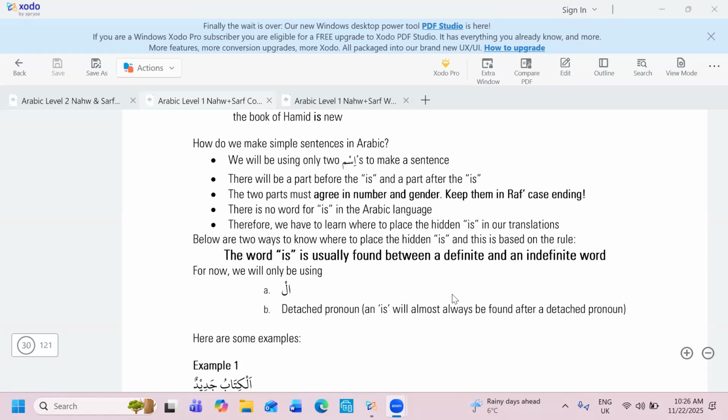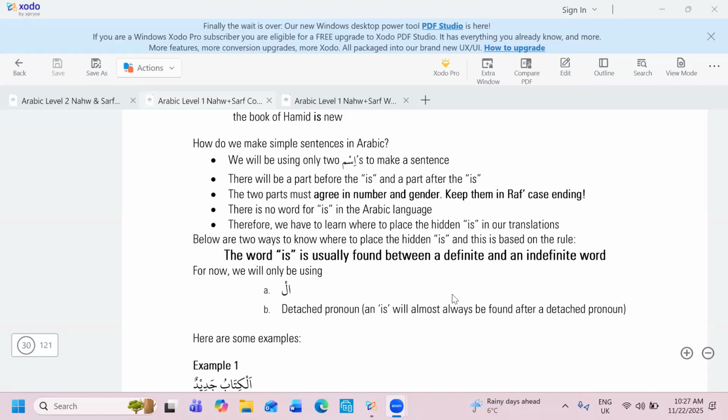What's definite and indefinite to do with? The last thing, type. Right. So what was the first thing? Case ending. Okay. So the case ending for mubtada and khabar, most of the time it is rafa. Okay, so that's the first thing.